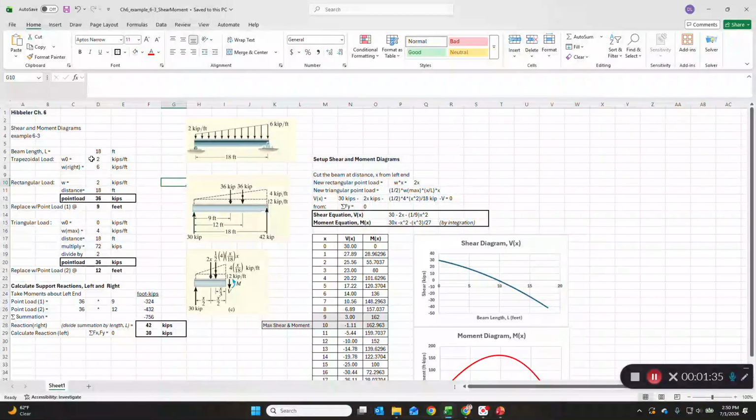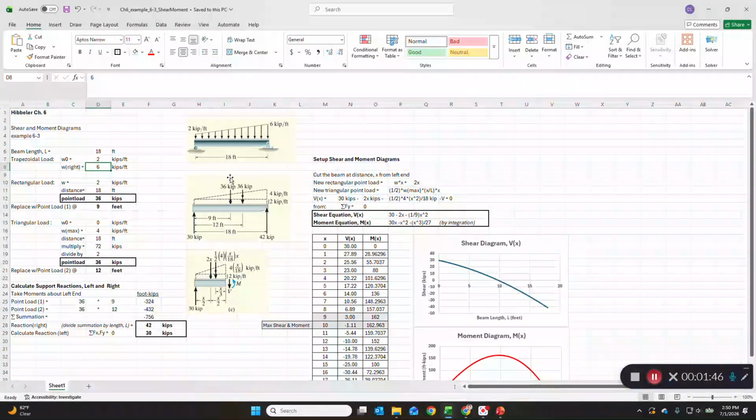And we're calling W sub O the 2 and W right 6 kips per foot. So we will break that down, as you may have seen in other lectures in this course or in similar courses. If you have a load of this configuration, you want to break it down into a rectangular load sitting beneath a triangular load. And you can see that in the middle illustration.